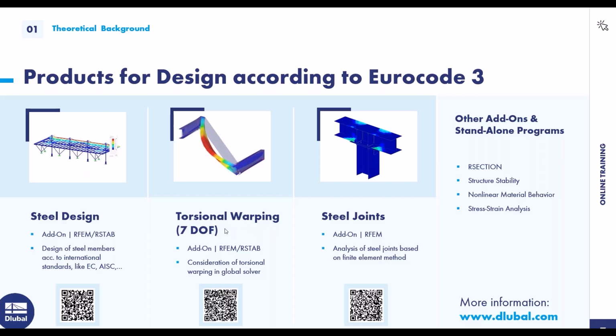With that add-on, you can consider the 7th degree of freedom, and the torsional warping. Then steel joints. With that add-on, you can analyze steel joints based on the finite element method. Then there's the cross-section program, R-section. Then the add-on structure stability. We use that add-on in the second example.